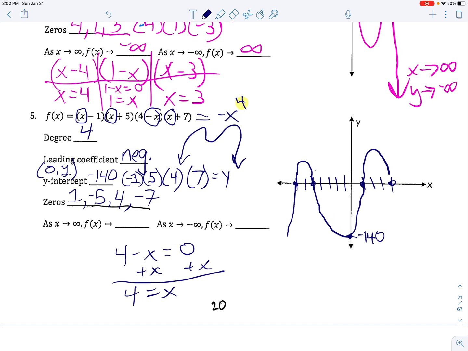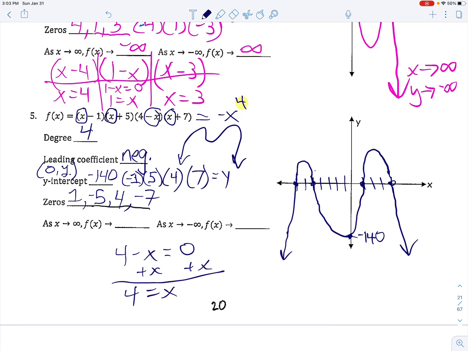And that's your choice on how high you want it to go or how low in terms of when you want it to come back around, and then go through the last point there, which is 4. And there you go.